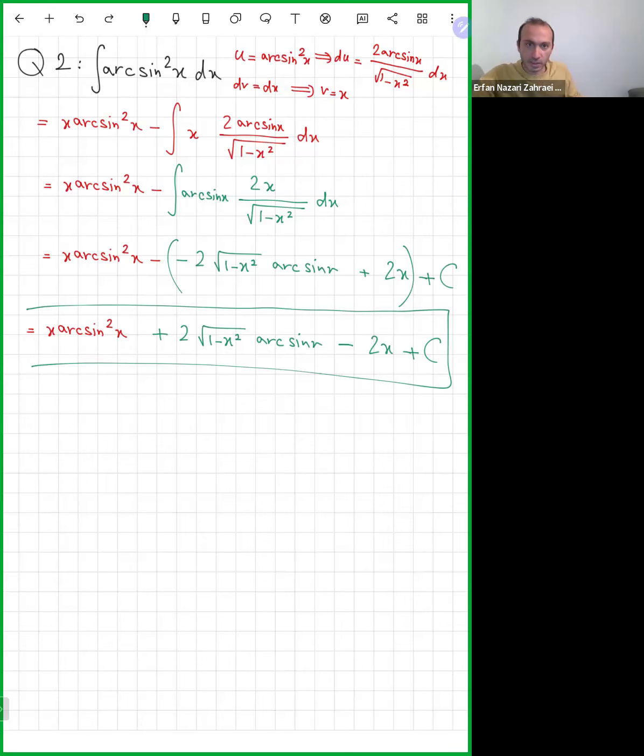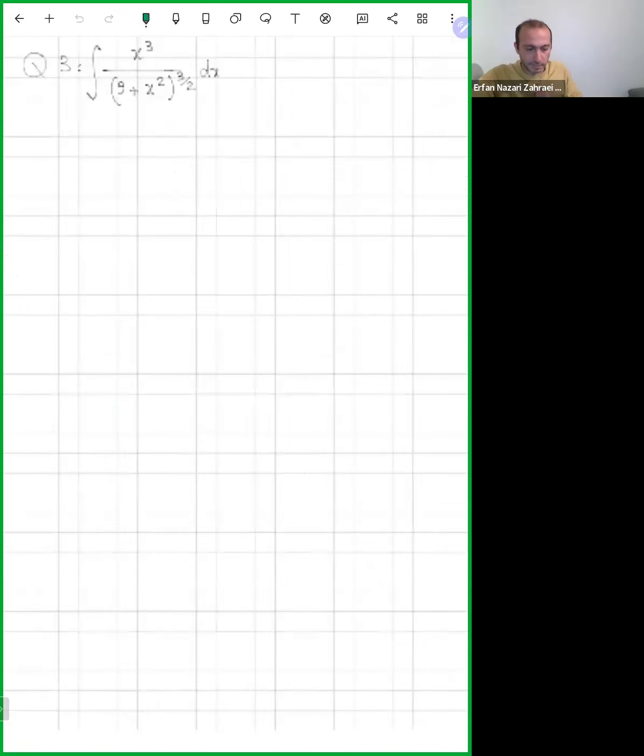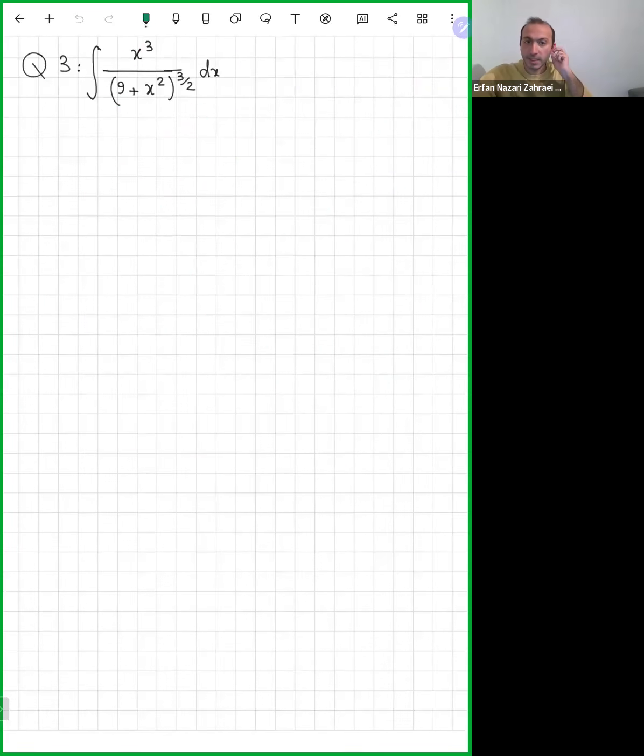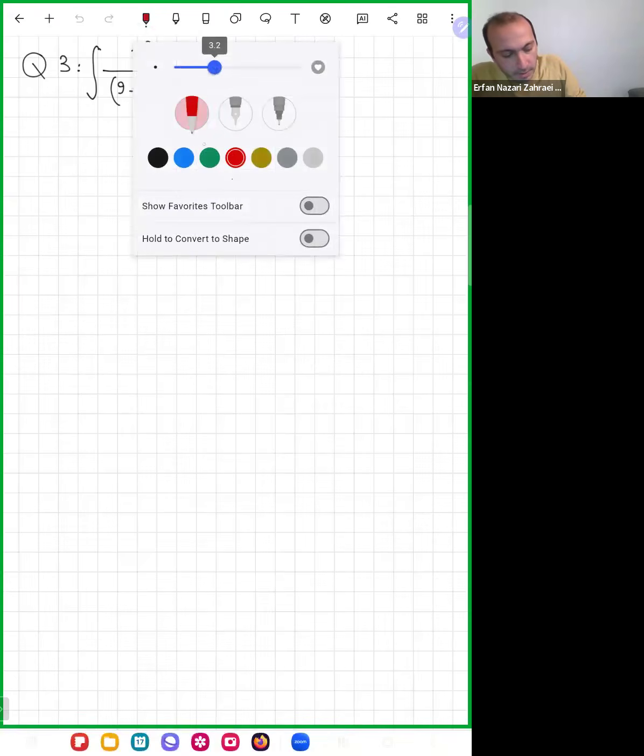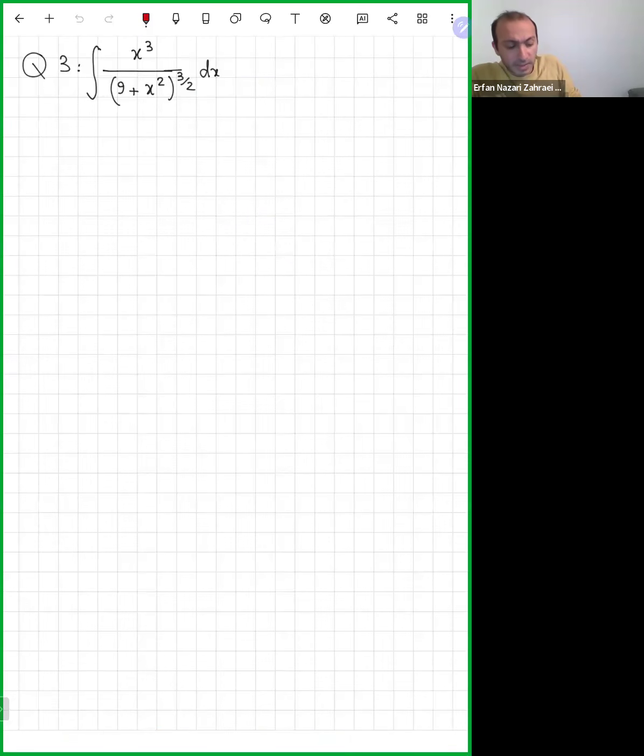Next question is a trig substitution, but while doing that, I need trig integrals as well. But first, let's start the trig substitution. So it is very clear that it's trig substitution because I have a number plus x squared.